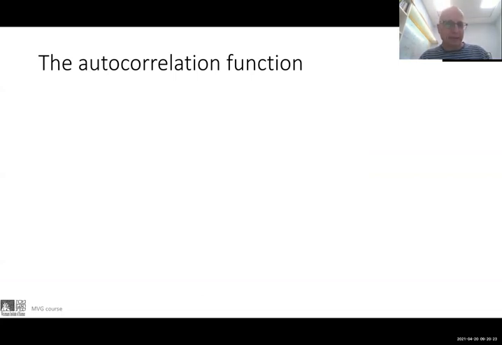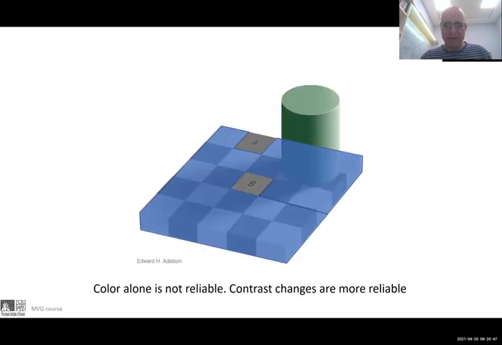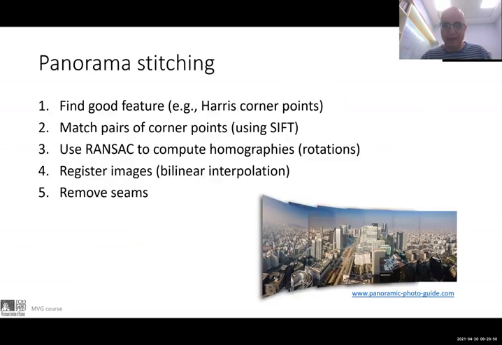The idea is to use something called the autocorrelation function. Sorry, I have a question. I didn't quite understand what you mean by register an image. Could you explain again? Registration means alignment. You have two images and you want to bring them such that they will fit. We will talk about a specific fit for panorama stitching, which would be a fit under homography.